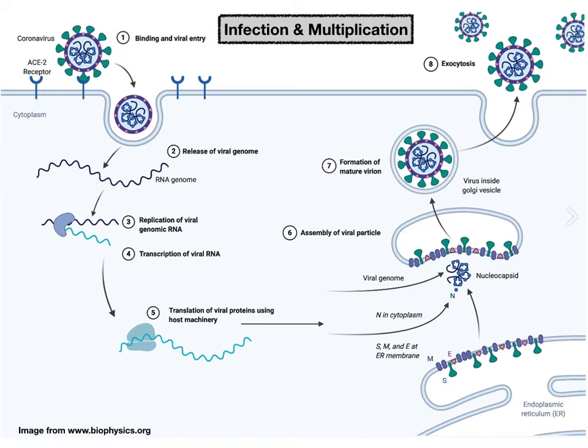When it comes through the membrane, the outer part of the virus is gone, so the inside RNA is inserted into the inside of the human cell. So that's the first step that leads to viral infection.